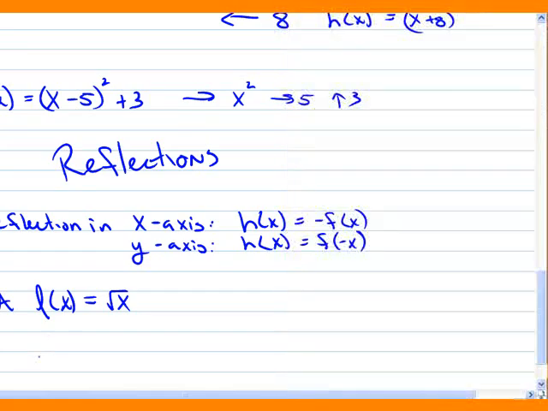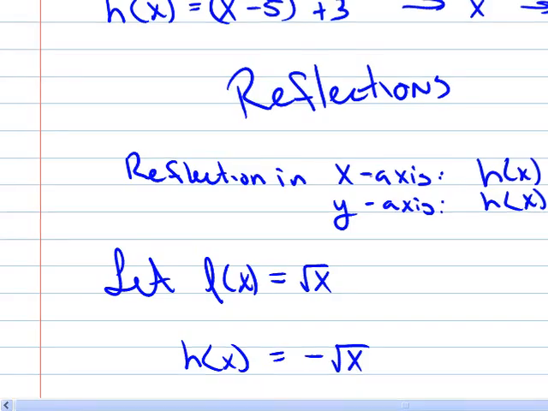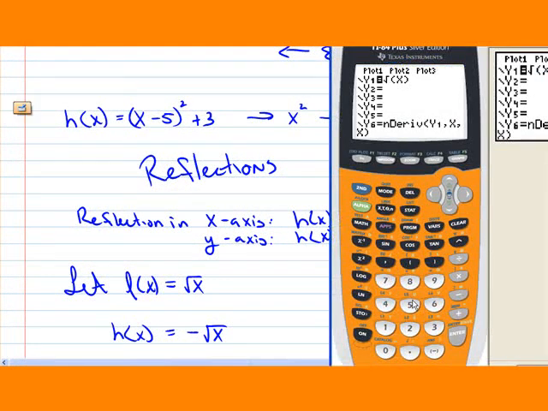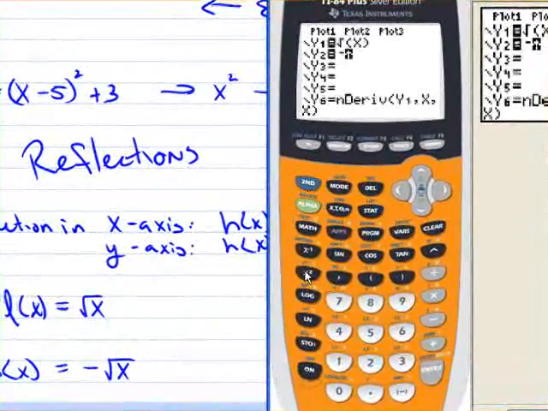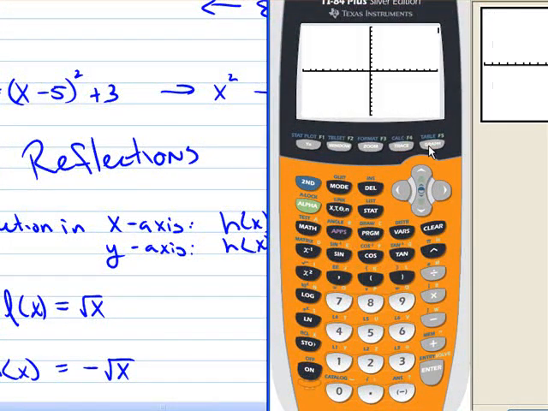If I were to negate, take the opposite of that function, the negative square root of x, that should reflect it across the x-axis. So let's try that. Negative square root of x. So I should see the square root of x, there she is, and the square root of x reflected across the x-axis.